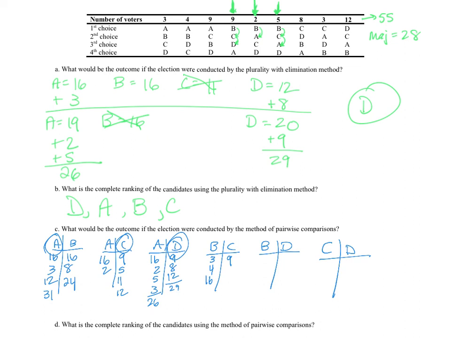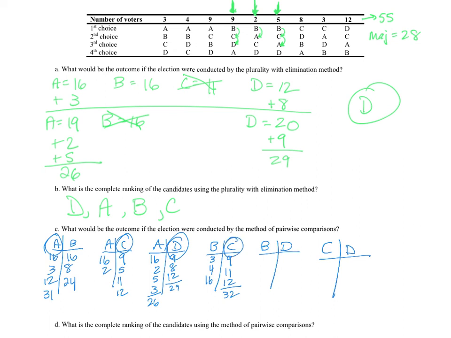And then the 8 column and the next 3 column both have C in first, so we'll do 11 to C. And then the 12 column, C is ranked higher, so 12 to C. So that's 23 plus 9 would be 32, so C wins that one.